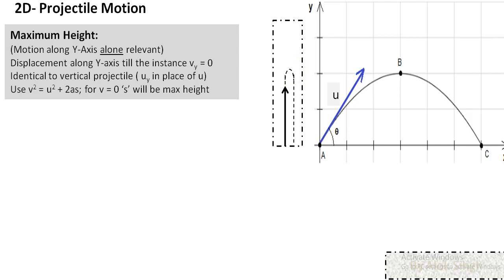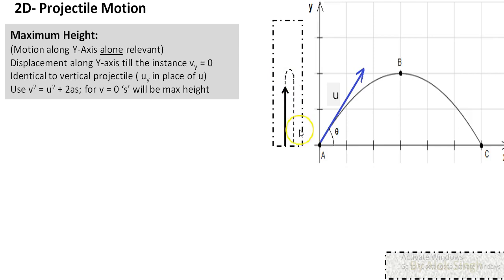It will stop going further upwards when the velocity becomes 0. So the condition for maximum height is the instant when the y component of velocity becomes 0. Which two points are relevant here? The initial point, and the final point, which is the point where velocity in the y direction is 0. How do you find this maximum height?